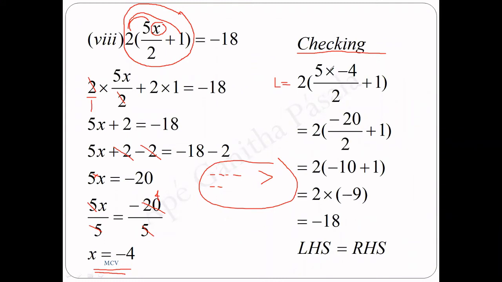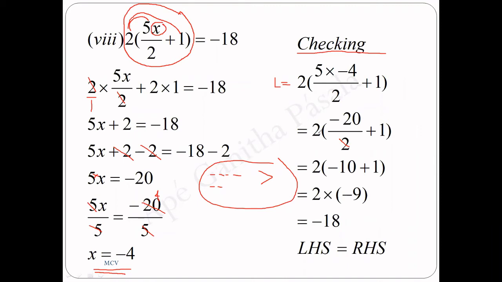Now let's simplify. 5 into 4, 20. Minus 20. Now let's divide. Don't cut this 2 with this 2. That is wrong, because there is another term here. If there are 2 terms within brackets, you can't take only one term and simplify by the common factor.